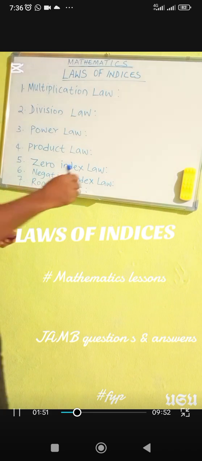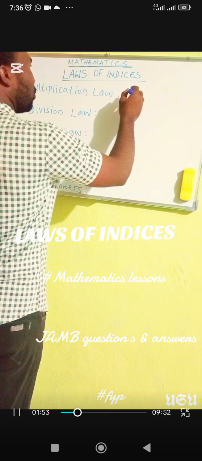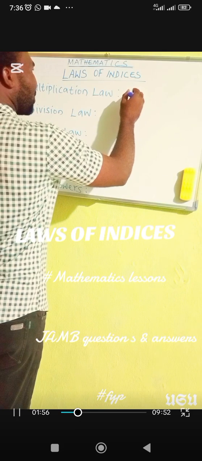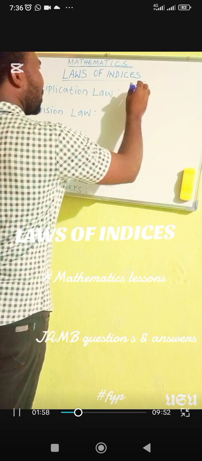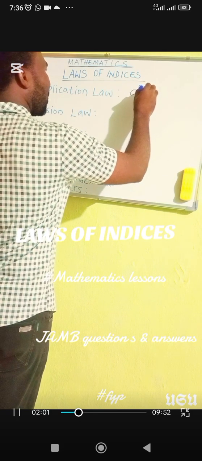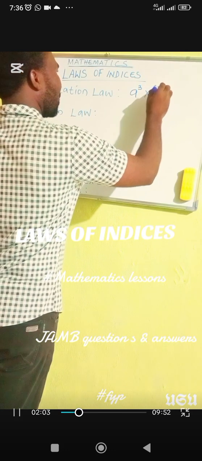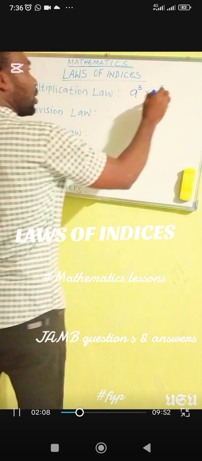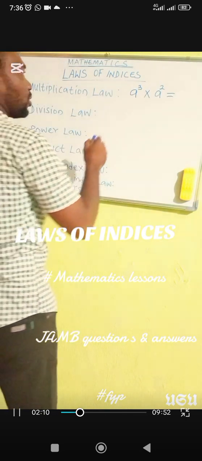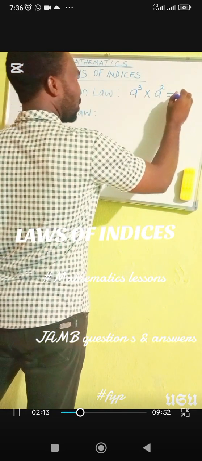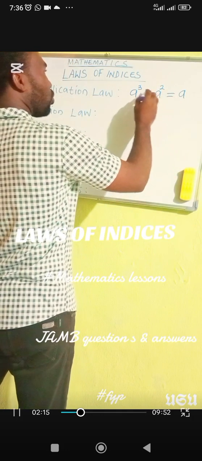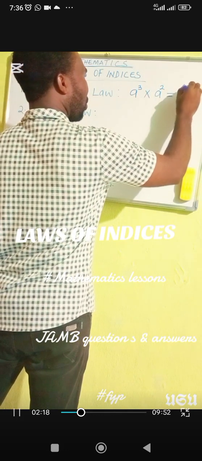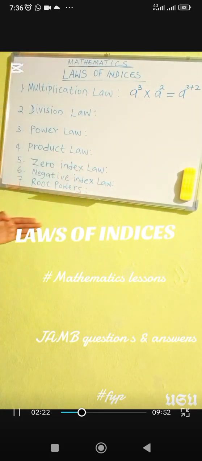In the multiplication law, the law says that when you have two same numbers, for example, a raised to power 3 times a raised to power 2, according to the law of multiplication, the base, which is a, will now be raised to power 3 plus 2.